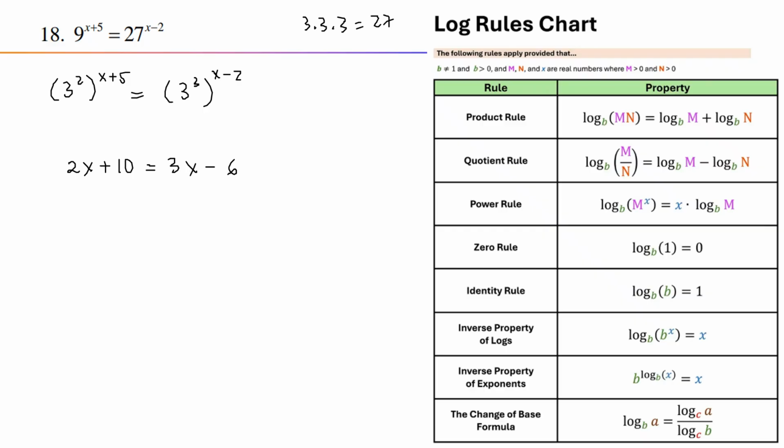You got that? Okay, 2 times x, 2 times 5, 3 times x, 3 times negative 2. Okay, now we minus 2x on both sides. We add 6 on both sides. This gone, this gone. We have x equals 16.